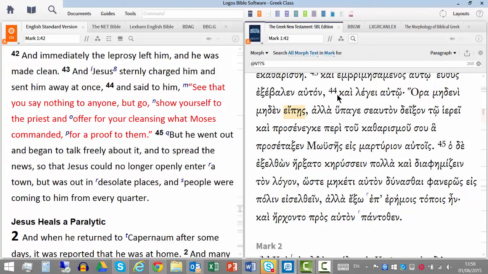We scroll down to verse 44, and we have kai legei autoi, and he says to him, Hora mēdeni mēden eipēs. See, to no one, nothing, you say. We are shown that this is a subjunctive. You should know by now that eipon is from lego.